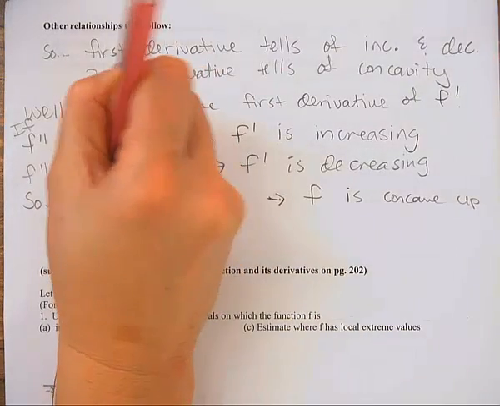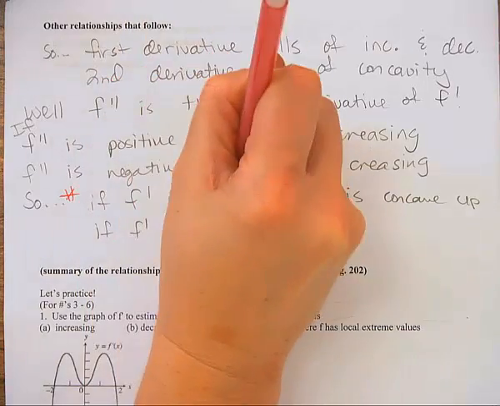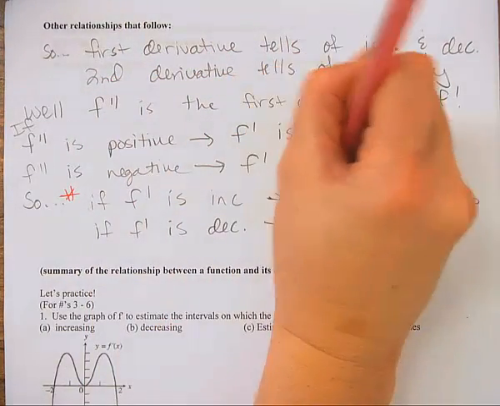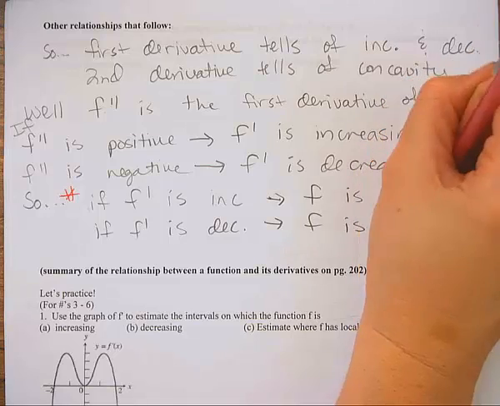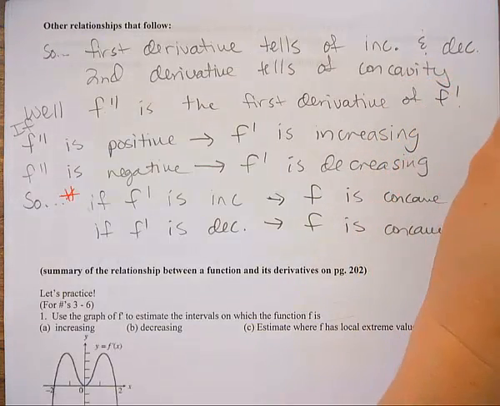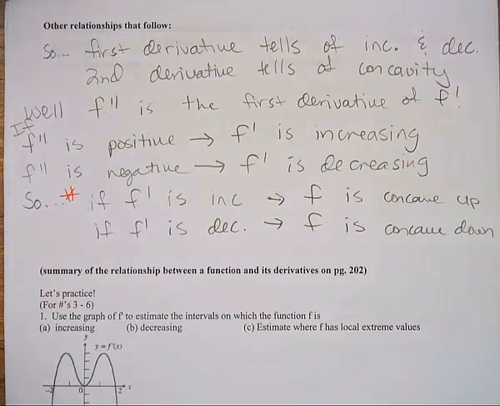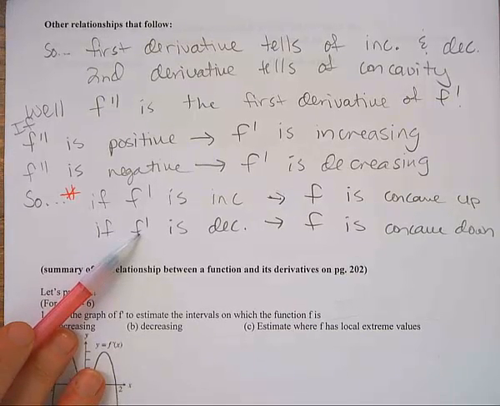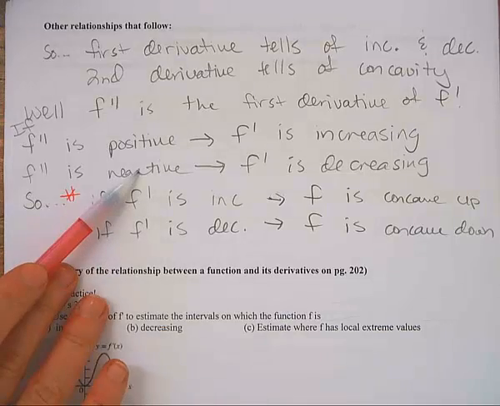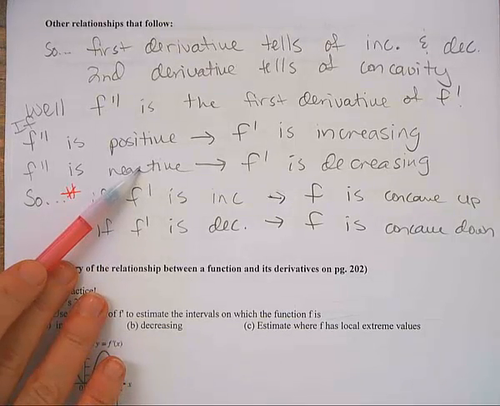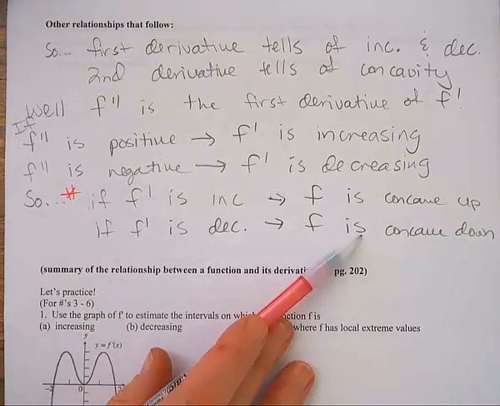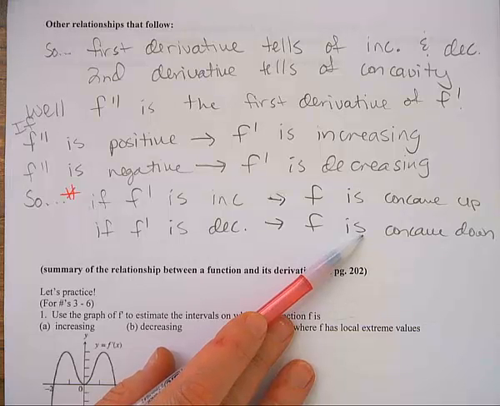Likewise, if f prime is decreasing, that implies that f is concave down for the same reason, because in order for the first derivative to be decreasing, its derivative, the second derivative, must be negative. If the second derivative is negative, that means the original function 2 derivatives ago is concave down.